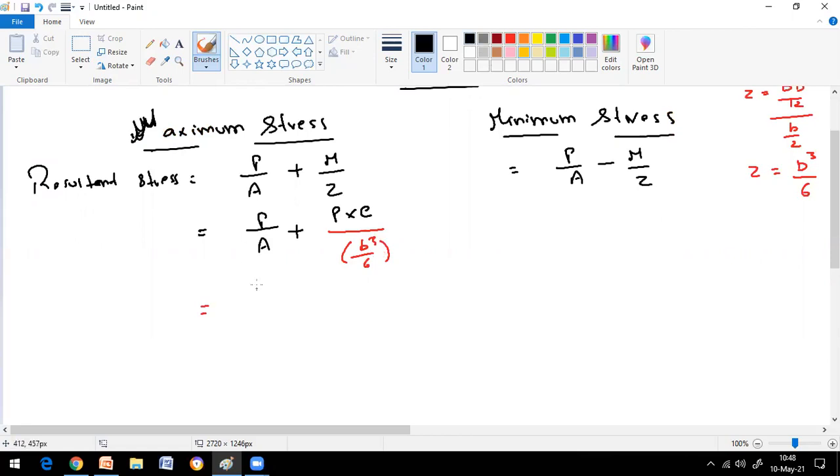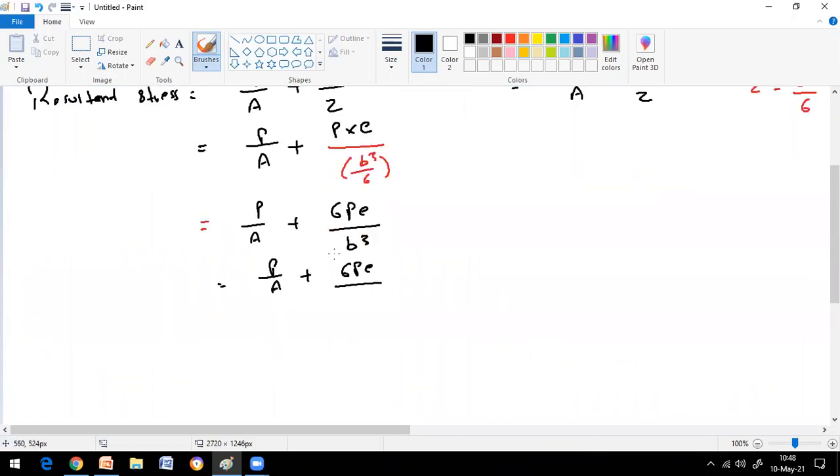Look carefully. P by A plus 6 PE by B cube. What is B cube? B cube can be written as B square into B. P by A plus 6 PE by, what is B square?